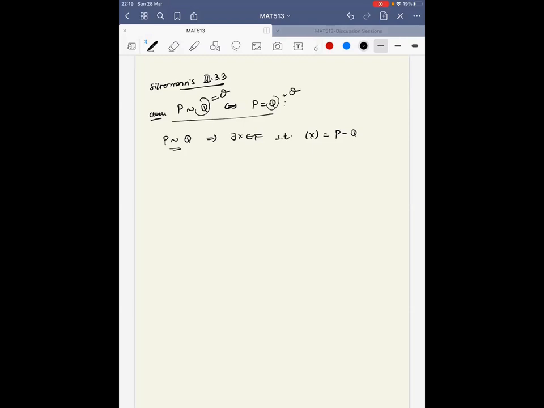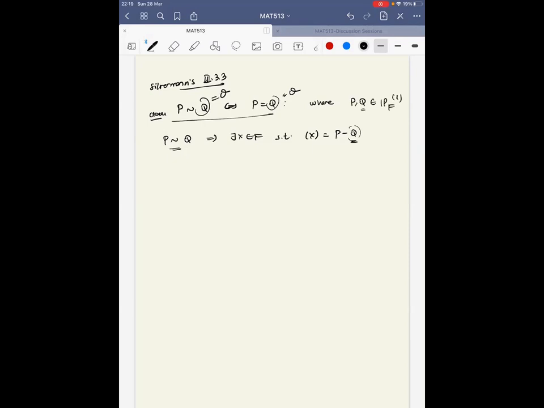By the way, I think it's better to fix the notation. Our claim is that P and Q are equivalent if and only if they are equal to each other. Here, P and Q denote two rational places.